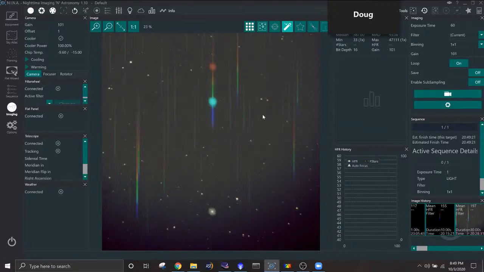Pretty dense area. Okay, so we're going on to the Blue Snowball. Yeah, another planetary nebula. And it's one of those deep sky objects that when you look at it through a telescope visually, you actually see color. It's bright enough, yeah.